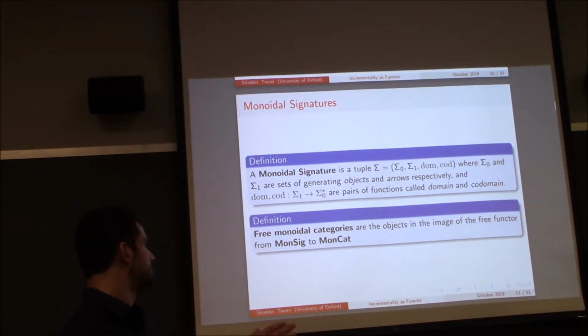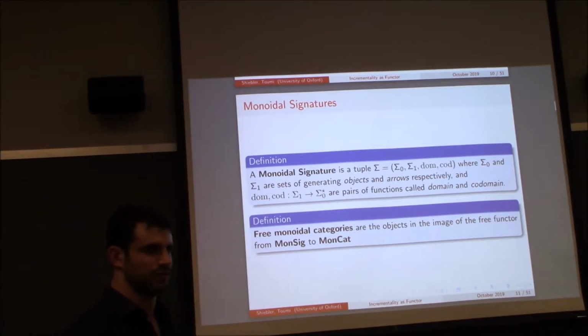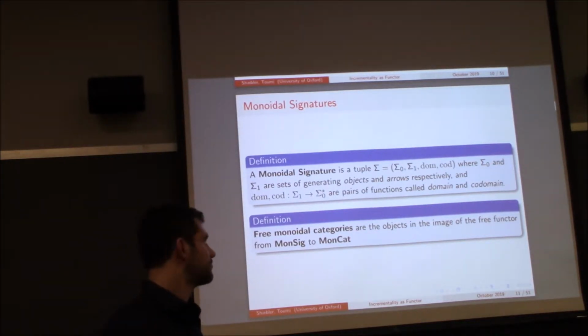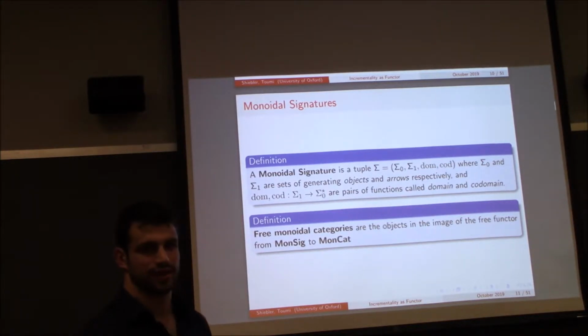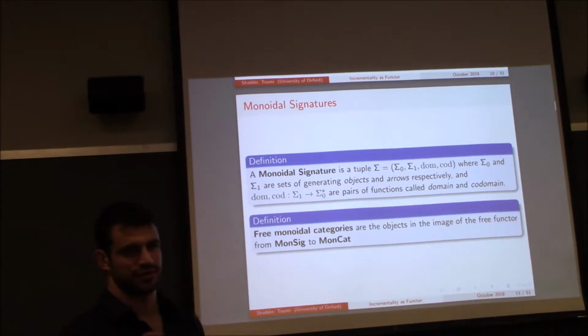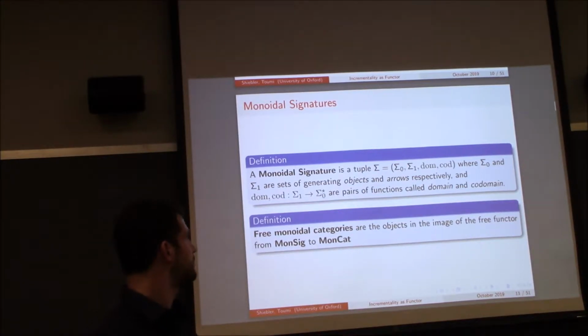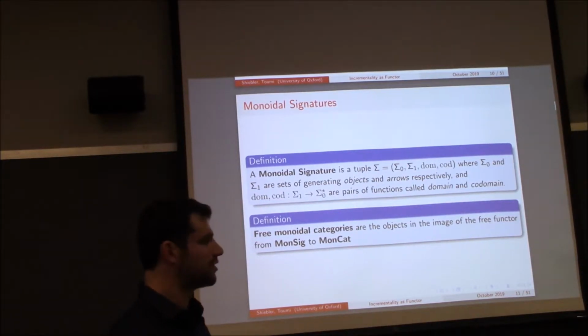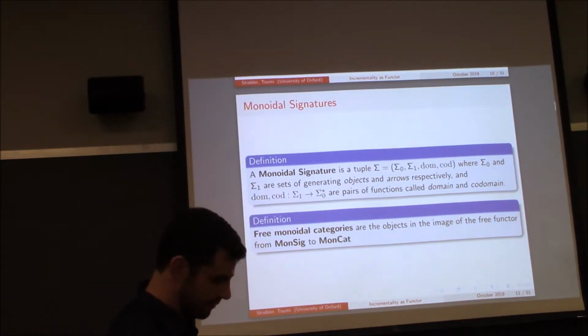A monoidal signature is like your template for a free monoidal category. You're probably all familiar with this. We have our set of arrows and their domains and codomains, and we can build a free monoidal category from that.